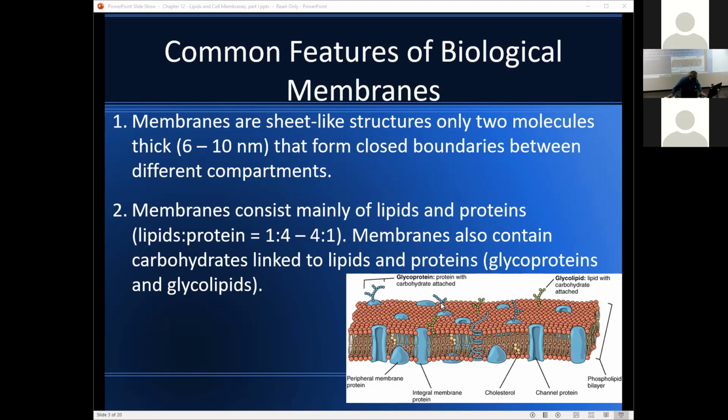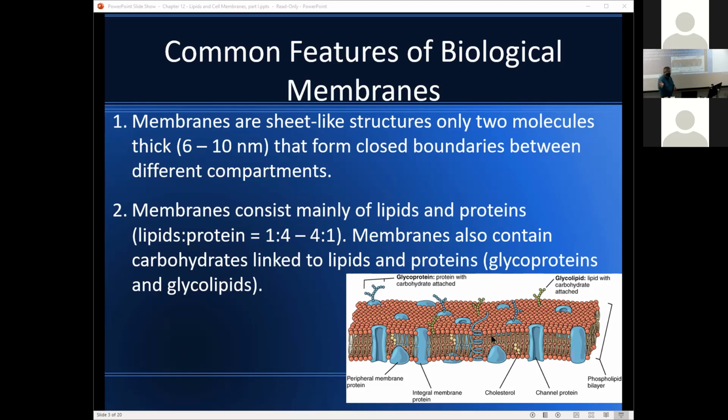Glycoproteins are proteins that have carbohydrates attached to them. Glycolipids, here's a glycolipid here and here. Glycolipids are phospholipids that have carbohydrates attached. And in both cases, glycoproteins, where the carbohydrates are attached to protein, and glycolipids, we're only going to find the carbohydrate part on the outside of the cell.